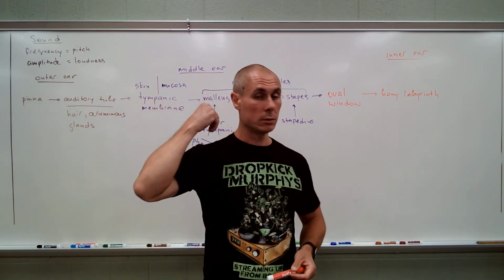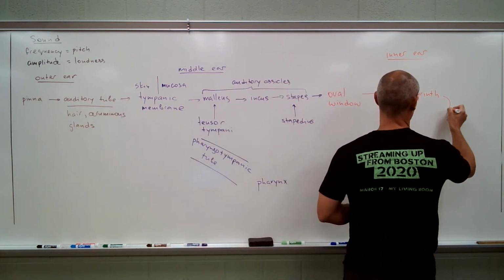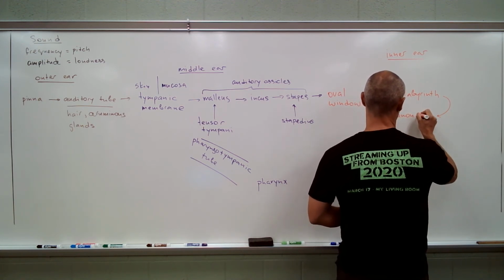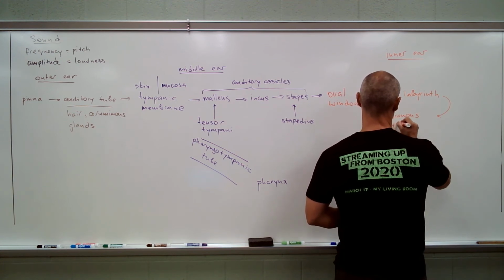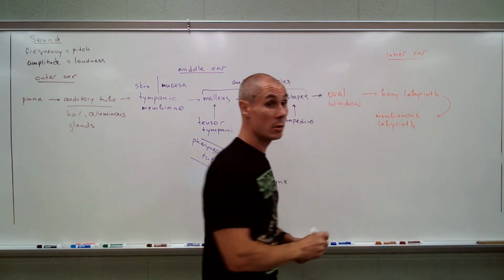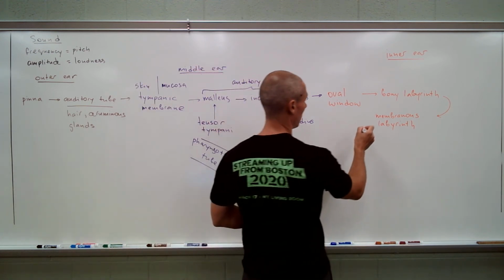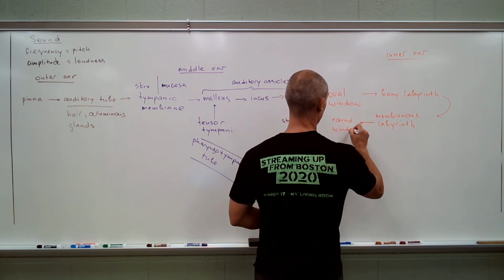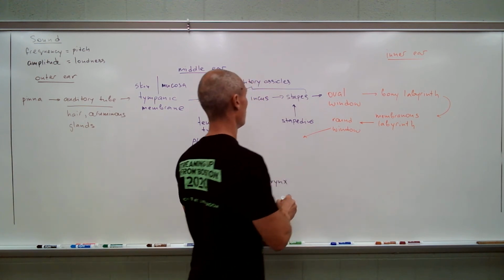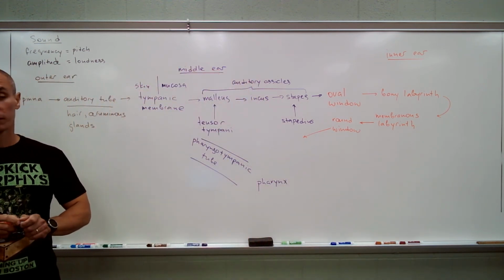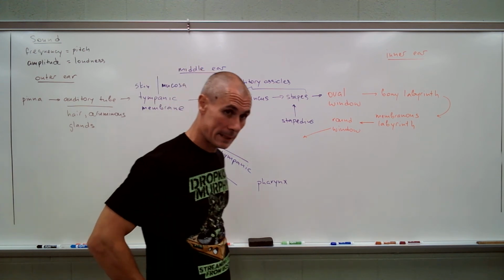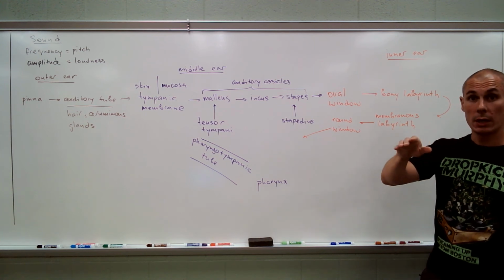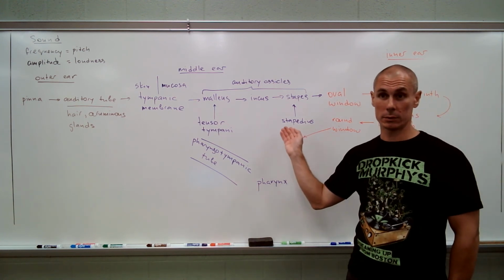So if that's the proper sound, it will go from the bony labyrinth into the so-called membranous labyrinth. And then, interestingly enough, look, it'll exit through the round window into the middle ear. Does that make sense? So sound will kind of make a loop, okay?